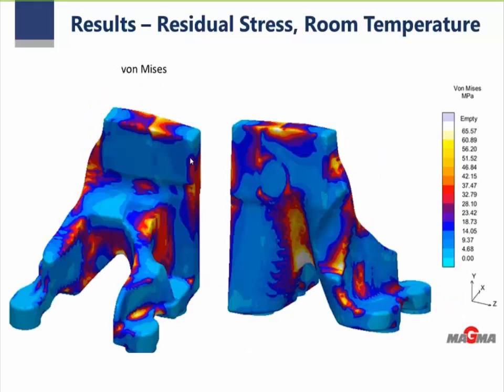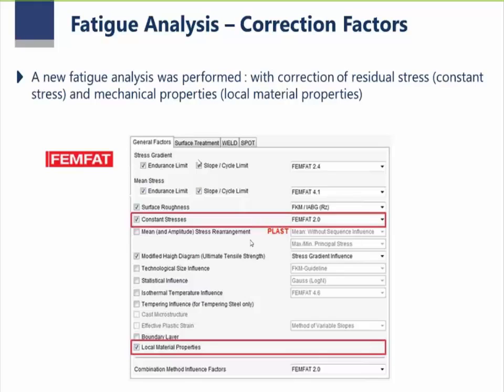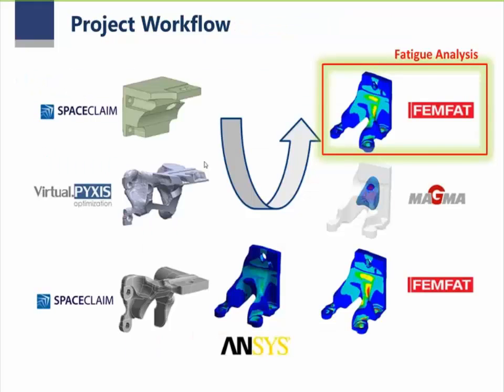And after this, you go back here to the fatigue analysis, and you use these correction factors for the residual stress, which inside the software we call constant stress, and local material properties. And after that, you go to the last part of the workflow, which is the new fatigue analysis.